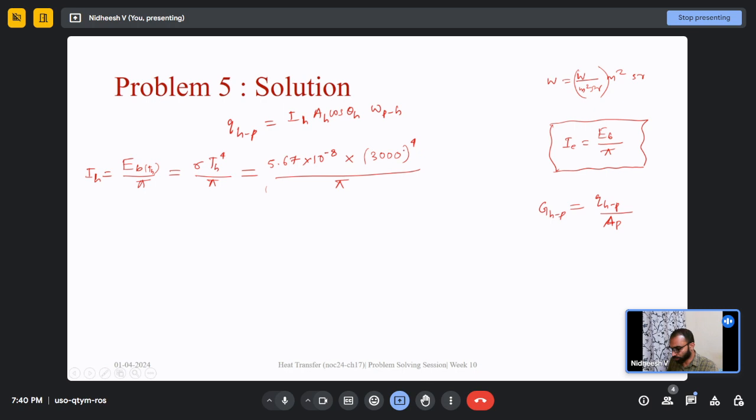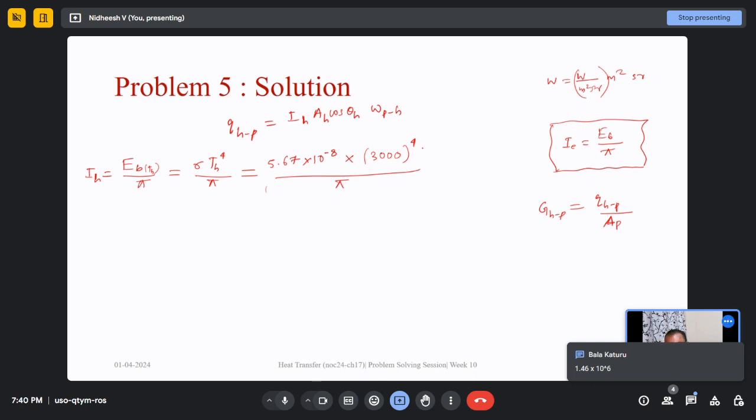Let's calculate this value. (5.67 into 10 power minus 8), that is the Stefan-Boltzmann constant, divided by pi multiplied by 3000 power 4. 1.46 into 10 power 6.